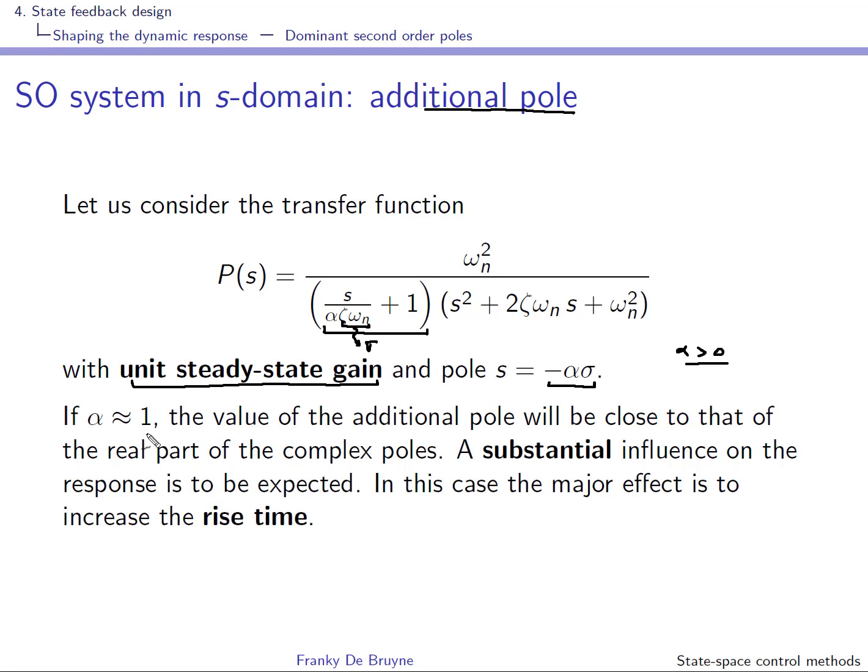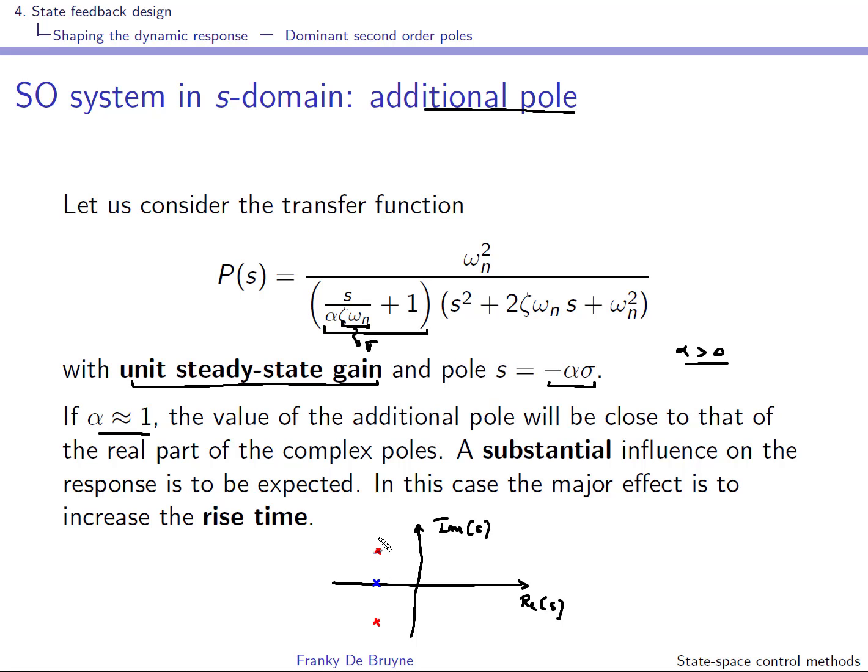If alpha is close to 1, then the additional pole will be close to the real part of the complex poles. Okay, we'll have a situation that will look like this. So real part of S, imaginary part of S. The complex conjugated dominant poles, which will not be dominant anymore in this case, are located over here, and the additional pole is located over here.